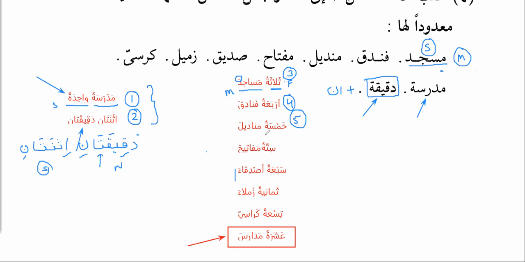So manadila, another noun from the ghair munsarifs. Number 6, sittatu mafatih, sab'atu asdiqa'a. And number 8, samaniyatu dhumala'a. 9, tis'atu karasiya. Now, again, why I have done this here is to make you understand number 10.